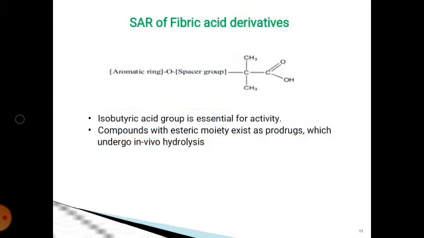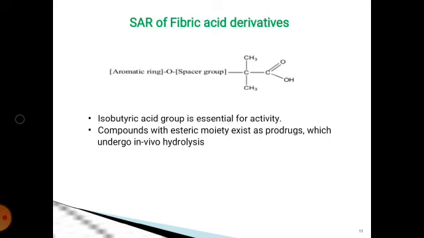Coming to the SAR of fibric acid derivatives. These fibric acid derivatives are also known as fibrates. Isobutyric acid group is essential for the activity. Compounds containing an ester such as clofibrate and fenofibrate are prodrugs and require in vivo hydrolysis.